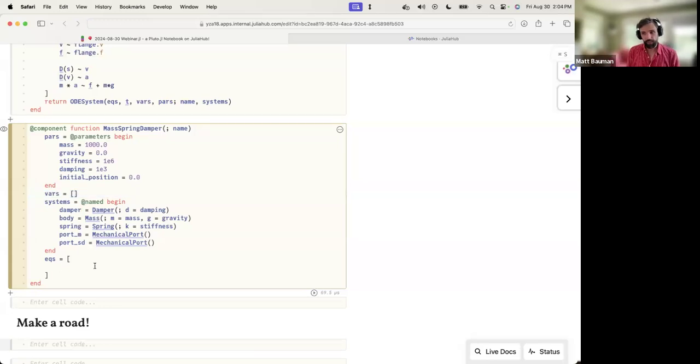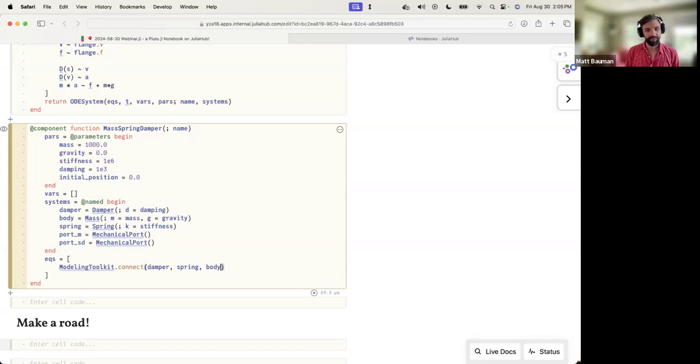So what is in these equations? Well, what's there are the connections. We can say ModelingToolkit.connect our damper with our spring with our mass, right? Our body is what we're calling it.